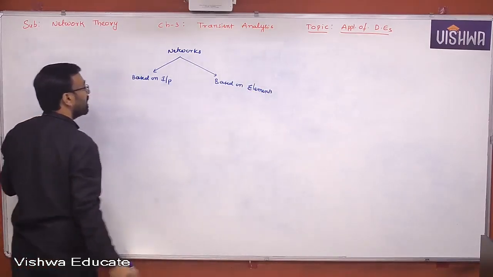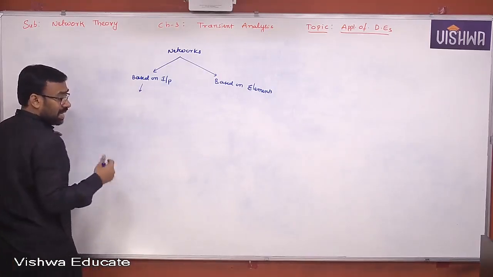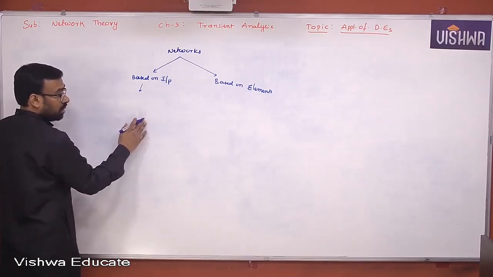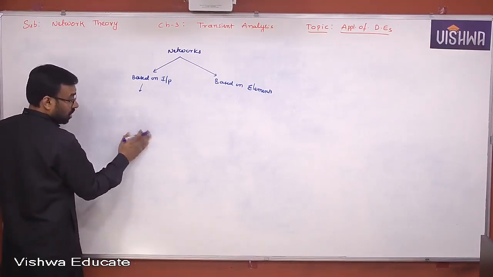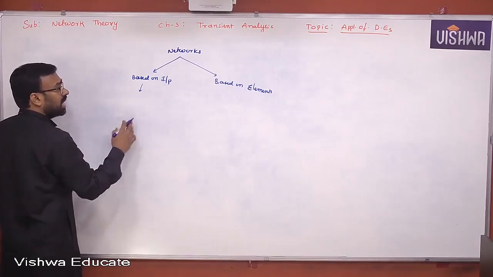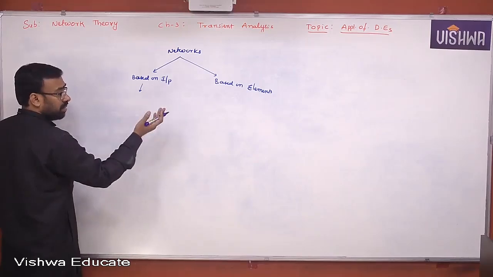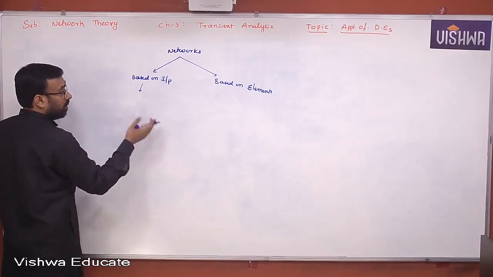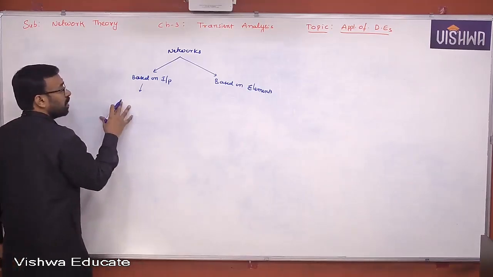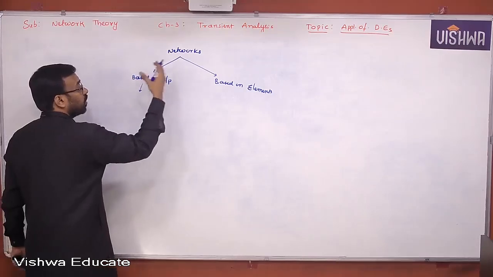Based on the input, you may have step response, ramp response, or impulse response systems. Step response based system means the input is a step input. When a ramp input is given, the response is called ramp response. When an impulse input is given, you get impulse response.